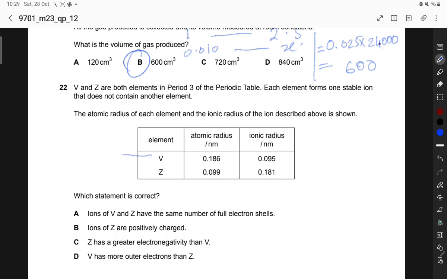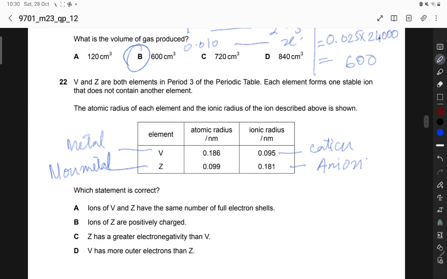So V is the metal and this is the cation. This is the non-metal and this is the anionic radius. Anionic radius is larger than the cationic radius. So which statement is correct?